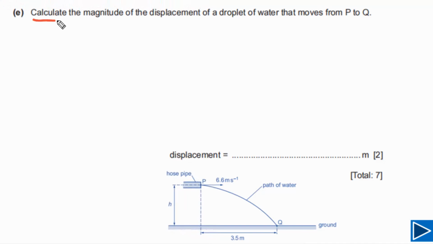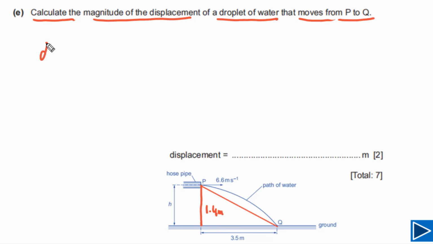For the last part, we need to calculate the magnitude of the displacement of the water droplet that moves from P to Q. Means we need to find the displacement from P to Q, the total displacement. For this question, we have already calculated the vertical displacement, and the value of this one is 1.4 meters. Now we need to find the value of total displacement. And this is just a right angle triangle.